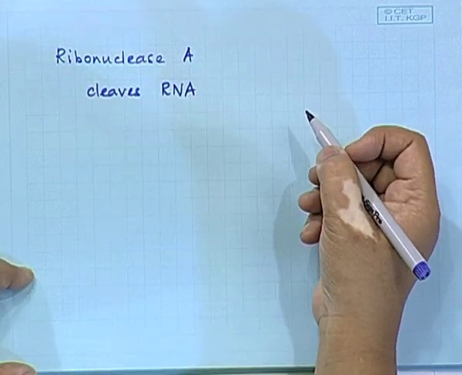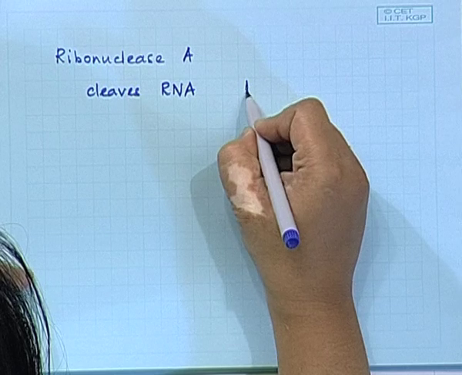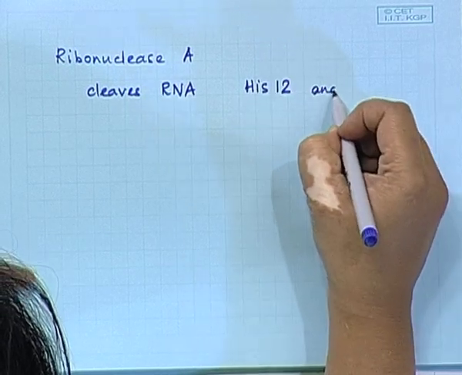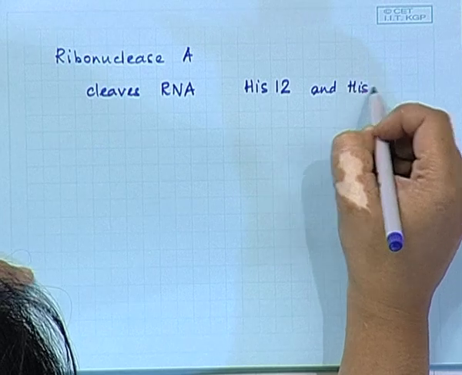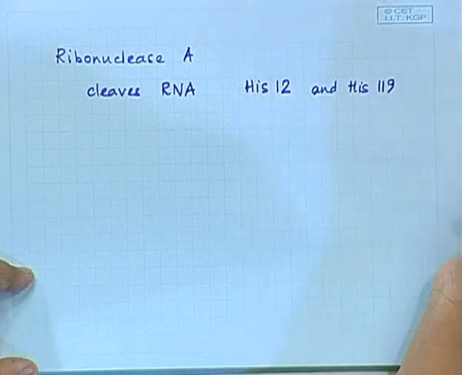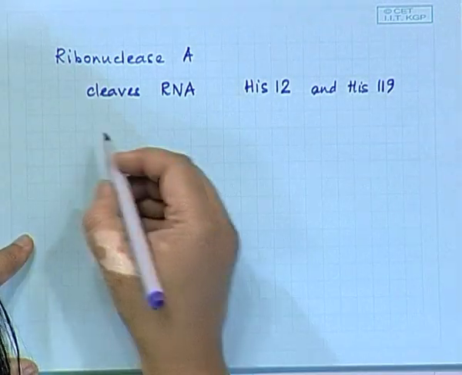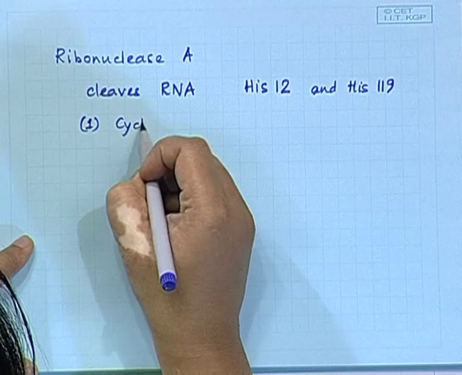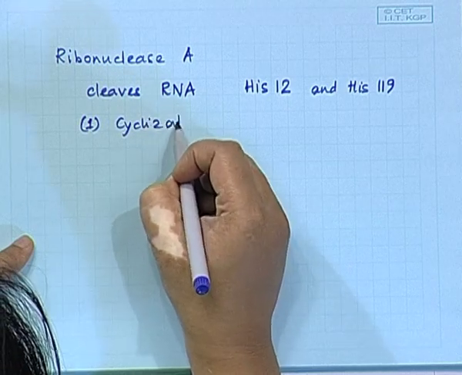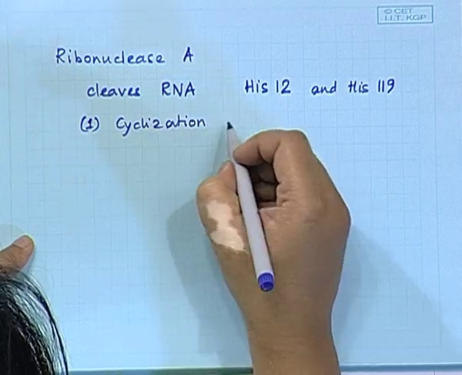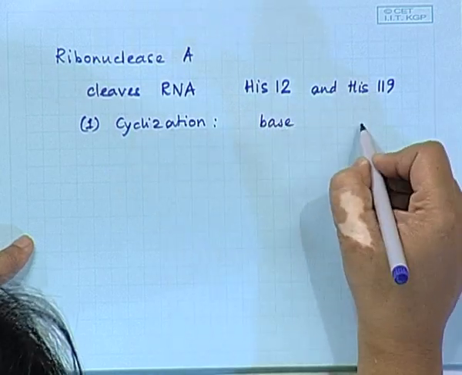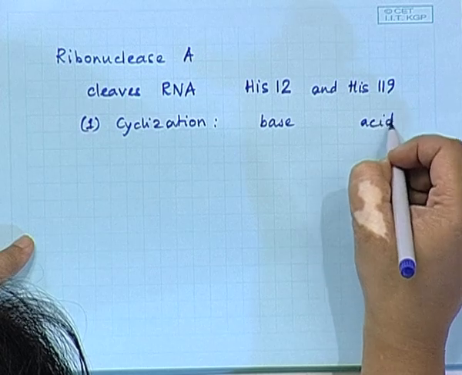The two residues that are important in this case are histidine 12 and histidine 119. We have two steps. The first step is a cyclization step. In the cyclization step, histidine 12 acts as the base and histidine 119 acts as the acid.